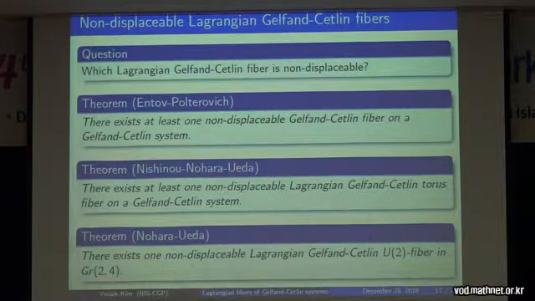Nishinou, Nohara, and Ueda calculated the Floer cohomology and showed that there exists at least one non-displaceable Lagrangian Gelfand-Cetlin torus fiber. And recently, Nohara and Ueda showed that there exists exactly one non-displaceable Lagrangian Gelfand-Cetlin U(2) fiber in Gr(2,4). These are the known results.